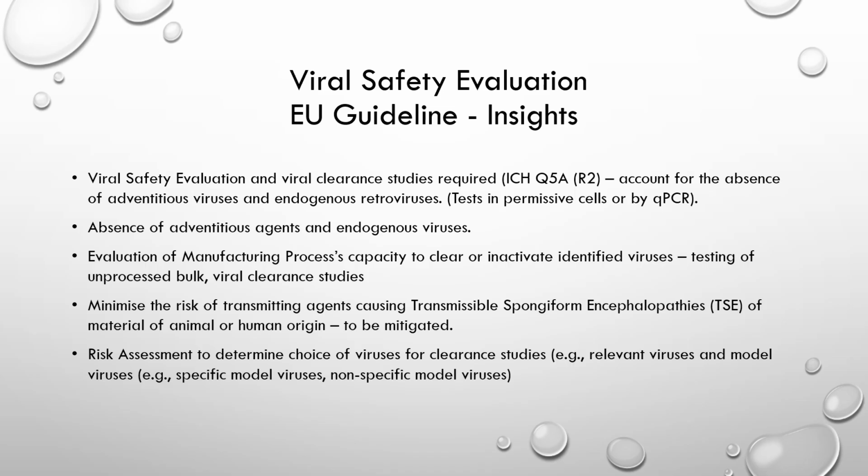Your risk assessment is to look at your sourcing, your materials, your manufacturing process, your raw materials and starting materials, and to determine what kind of viruses are likely to be present and what the impacts on the patient are in terms of human cell tropism, and what the likelihood and probability is of your manufacturing process eliminating or inactivating these potential viruses.